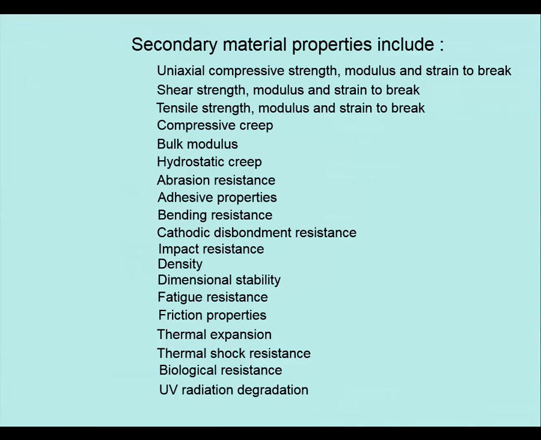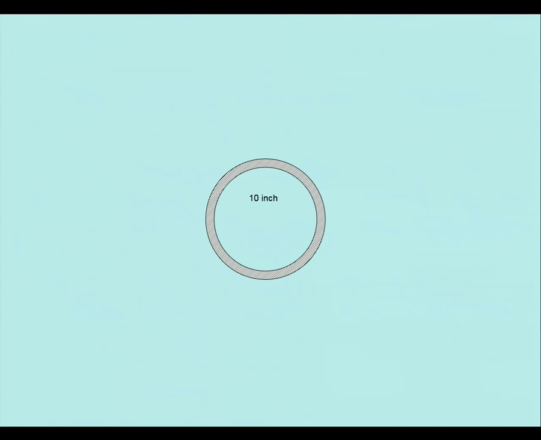And all these things are secondary material properties, including the bonding, creep, bulk modulus, you name it. So it's a very exacting involvement. But this gives you this is 10-inch pipe, where the requirement is a U value of 1.